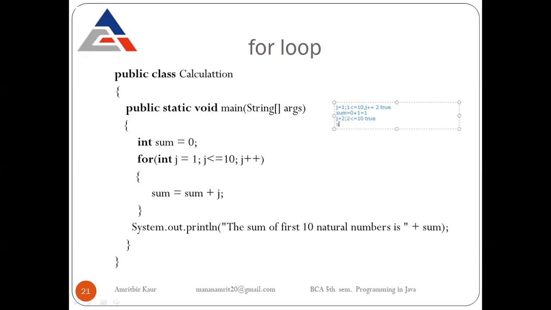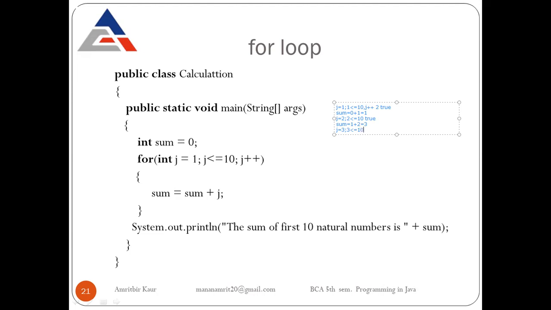So here sum equals sum plus j. Now the value of sum is 1, so 1 plus j, where j is 2, equals 3. Now j equals 3 because after the increment j became 3. So again 3 is less than or equal to 10, so the condition is true. It again enters the body.